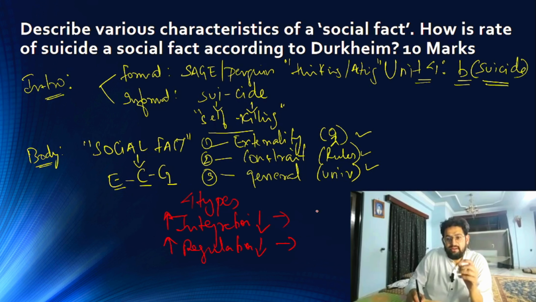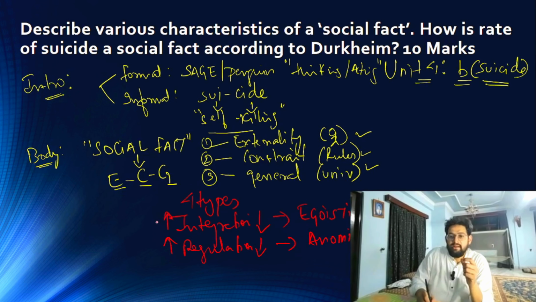For example, when the integration is low, it will be referred to as egoistic suicide. When the regulation is low, it will be referred to as anomie suicide. If the integration is high, it will be referred to as altruistic suicide. And if the regulations are high, it will be referred to as fatalistic suicide.